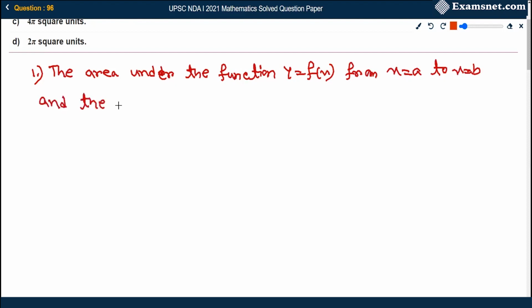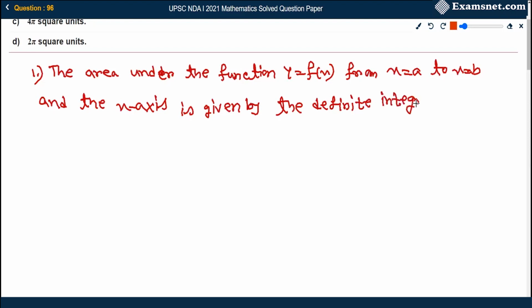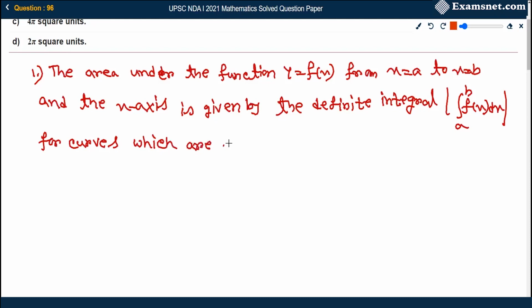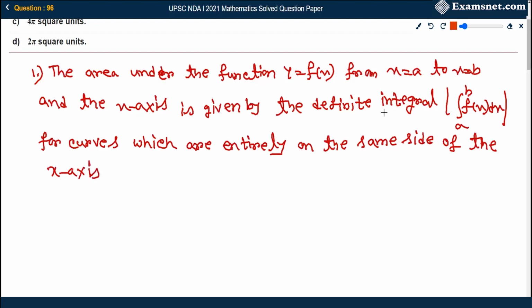and the x-axis is given by the definite integral from a to b of f of x dx for curves which are entirely on the same side of the x-axis in this given range.